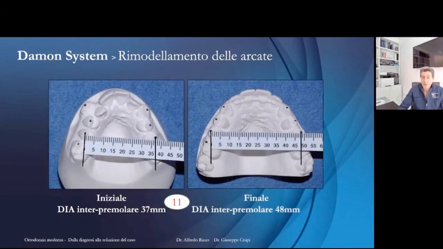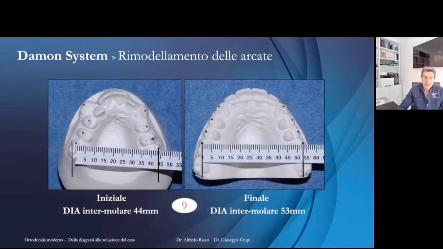Second premolars, 11 millimeters. And the molar region demonstrates an expansion of 9 millimeters from molar to contralateral molar. So we have seen a development and an expansion of the dental arch, which allowed us to correct the crossbite without extraction.